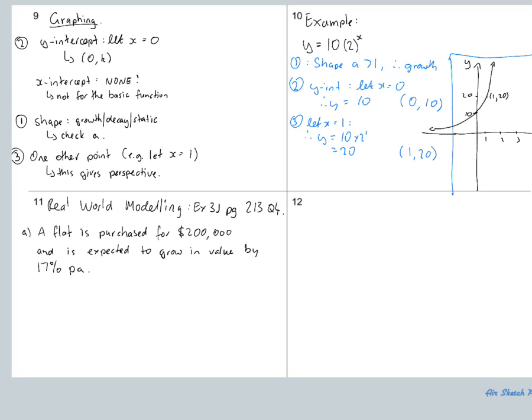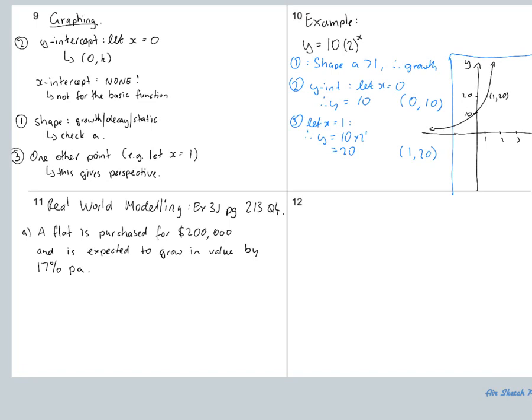That's what the PA stands for, per annum. What the textbook will ask you to do in question 4 is just come up with the function, whereas I actually want you to sketch it as well. The textbook won't have the sketches drawn in, but I want you to sketch it, and then use Desmos to confirm.